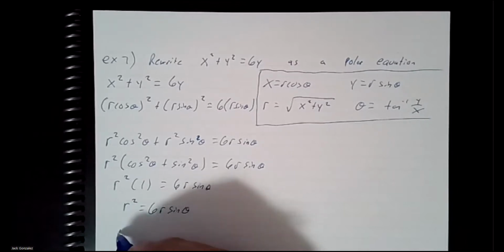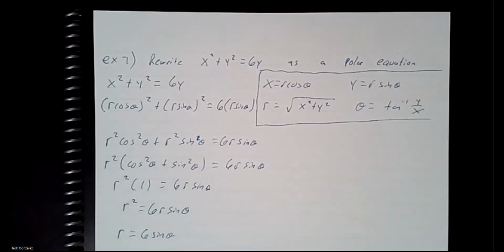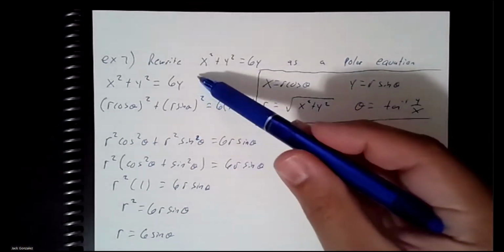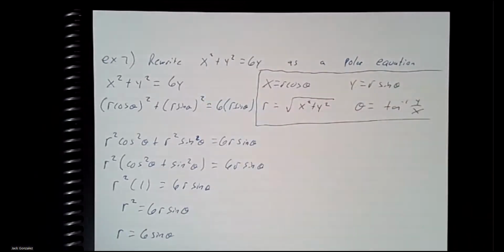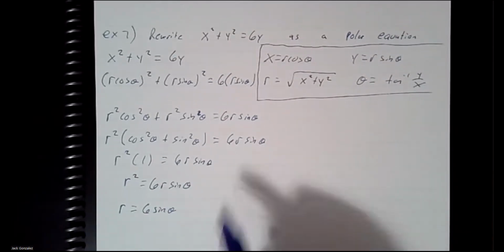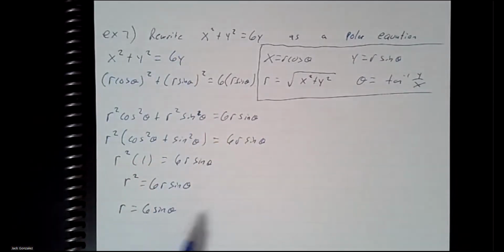Divide both sides by r, we'll get to here. So this can represent the original. So we converted x squared plus y squared equals 6y into r equals 6 sine theta.